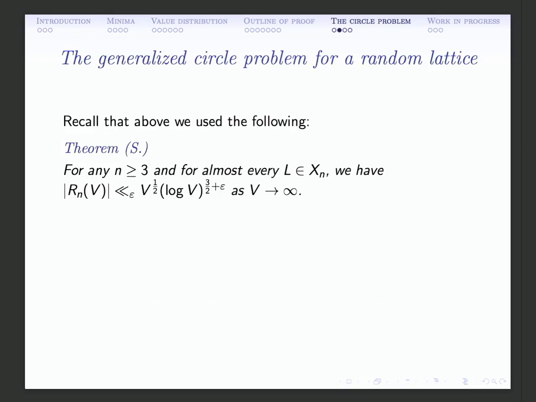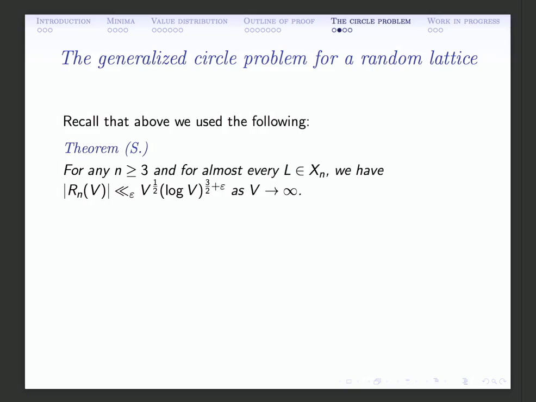And I'll start with recalling what was needed in the previous main theorem. So there was an estimate of the error term in the Gauss circle problem, or the generalized Gauss circle problem, which essentially has a square root error term in terms of the size of the main term.